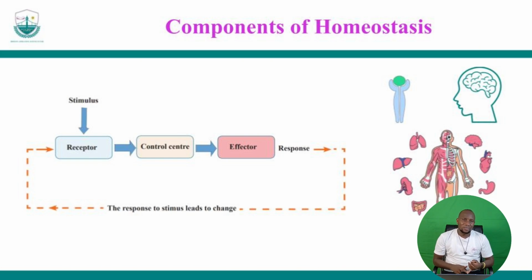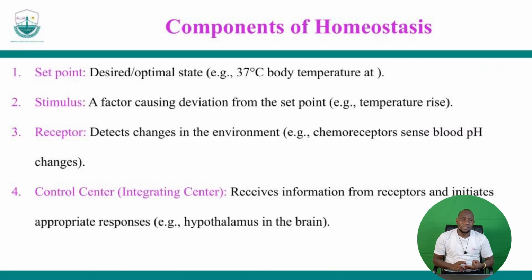We also have pain receptors, baroreceptors, and chemoreceptors. All these are receptors. They detect that there is a change, and then they send impulses to the brain. In this case, the impulses are sent to the hypothalamus, and then the hypothalamus sends impulses to correct the temperature. Those impulses are sent to what we call the effectors.